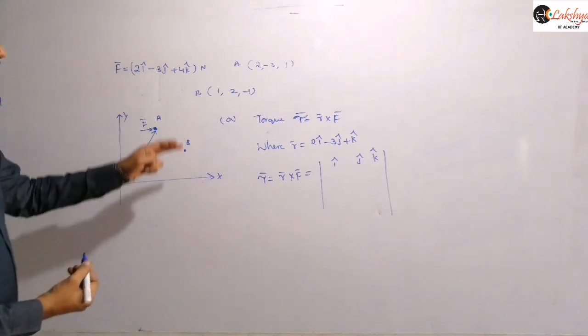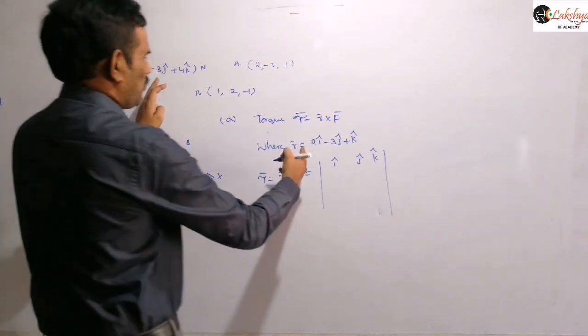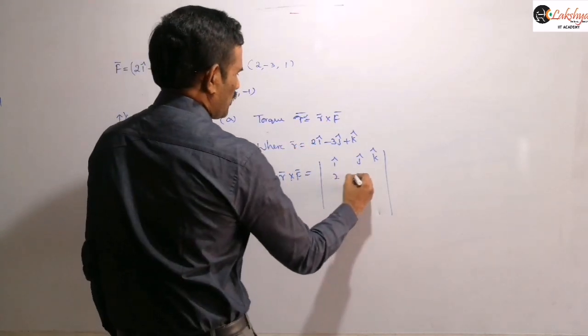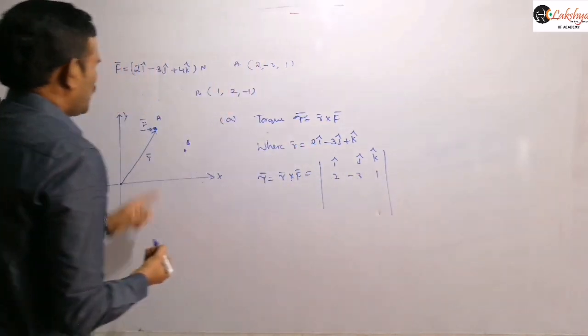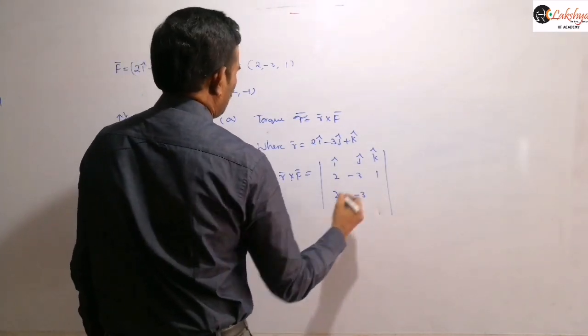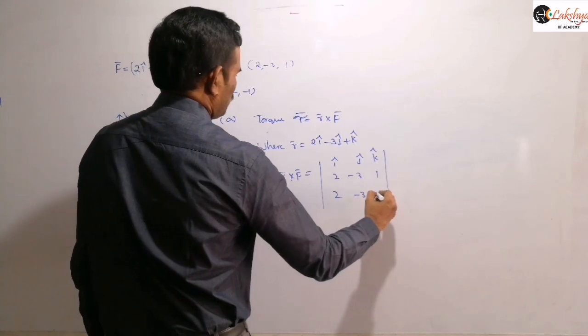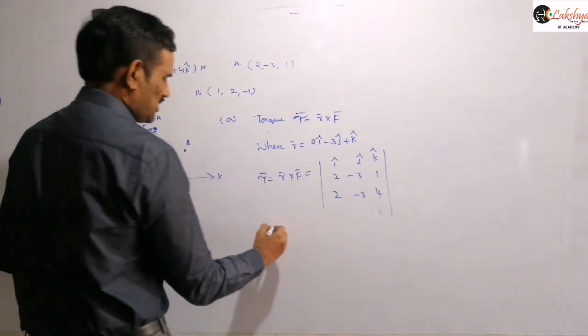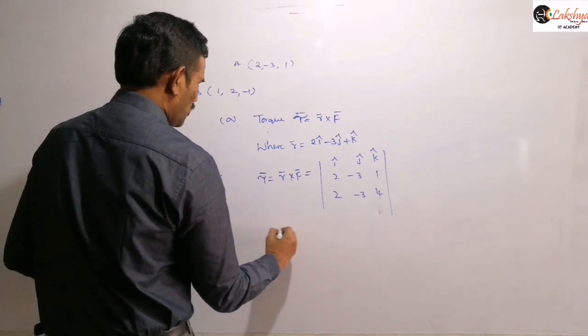Now the determinant: first our vector is R bar, so let us write the coefficients here, 2 comma minus 3 comma 1, and the F bar coefficients, 2 comma minus 3 comma 4. Now we can simplify this. We already discussed in the last class how to find this determinant.